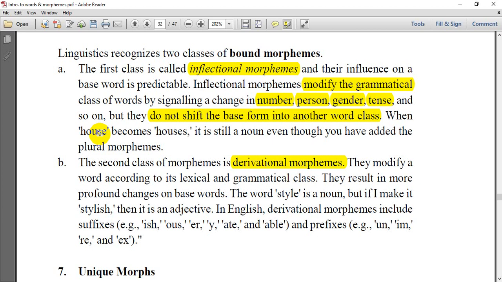Here we have tenses: present simple, past simple, or past participle. Person means first person, second, third. Gender, male or female.